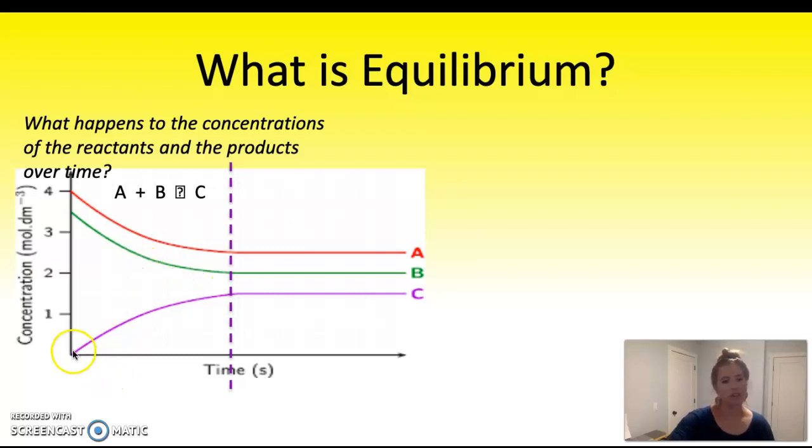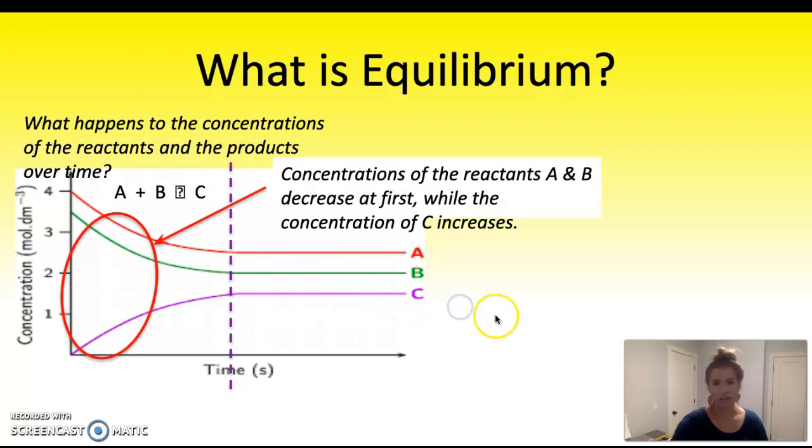And then we see that product C here, it started at zero, but then as A and B were reacting to make C, that increased as well. But unlike our last graph, at the end of the reaction, we still have reactants and products. Their concentration is just not changing, right?